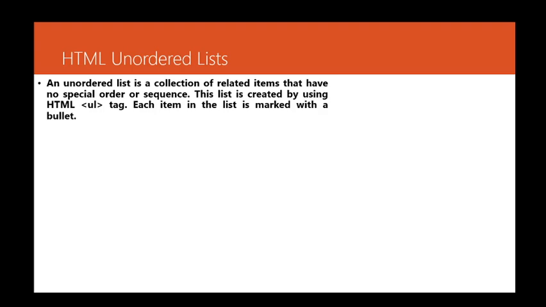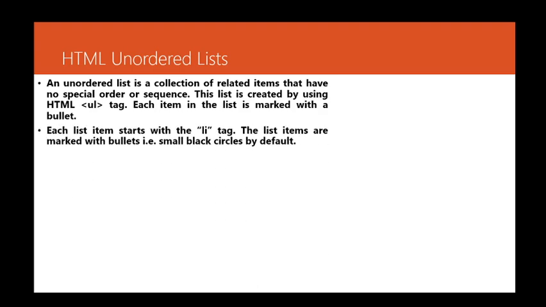The list is created by using a paired tag UL, and each item in the list is marked with a specific bullet or symbol. Every list item within an unordered list will start with the LI tag, the list item tag.